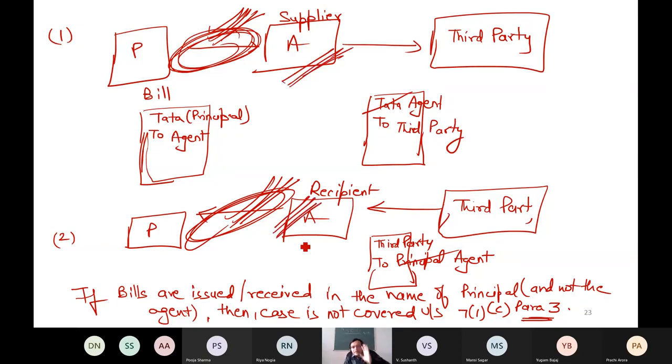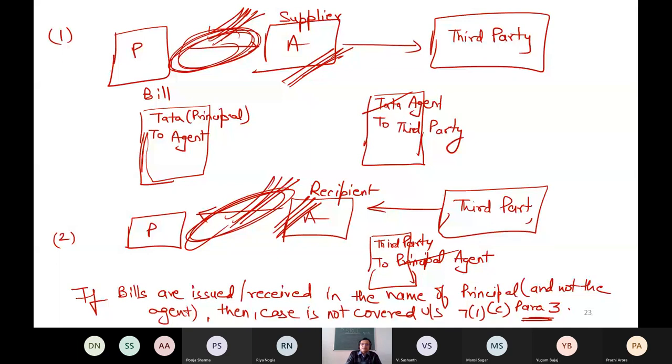In case you don't have the authority, suppose principal says to your agent that you supply the goods to the third party, but don't issue the bill in your own name, issue the bill in the name of principal, my name, then you are only commission agent, not the true agent, which is covered under paragraph 3.